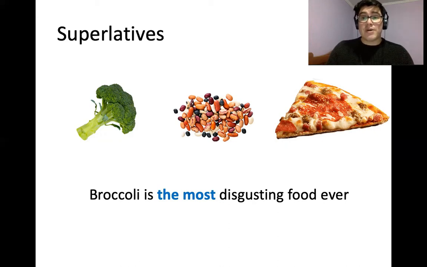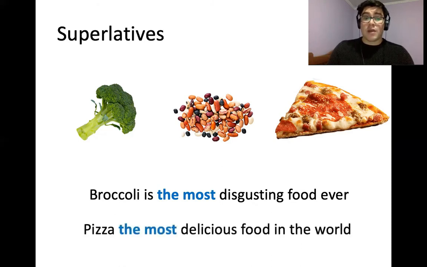The most disgusting. Or I can say something like this. Pizza is the most delicious food in the world. From all the food in the world, pizza is the most delicious.